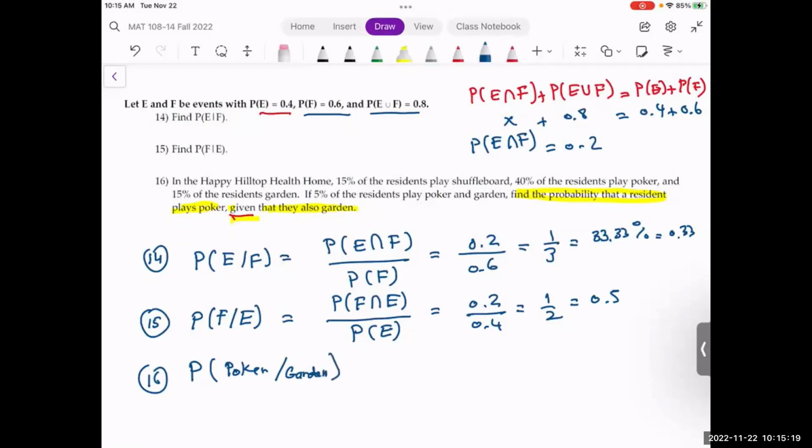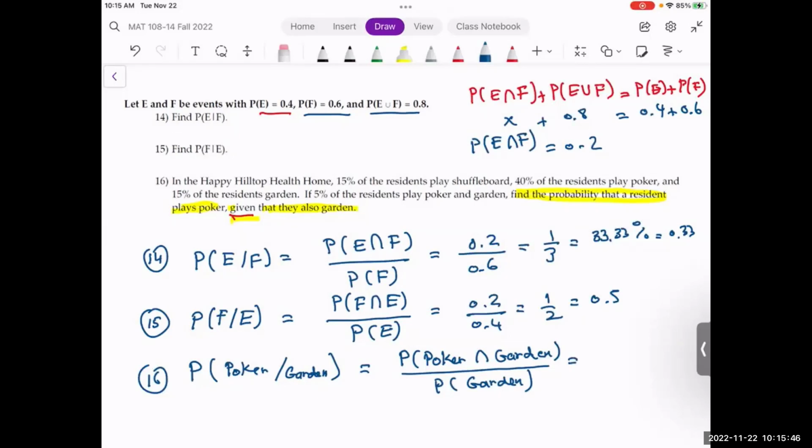That's how I write it down, correct? Yes? So this, according to my formula again, is the probability of poker and garden divided by probability of gardening. Are we okay?